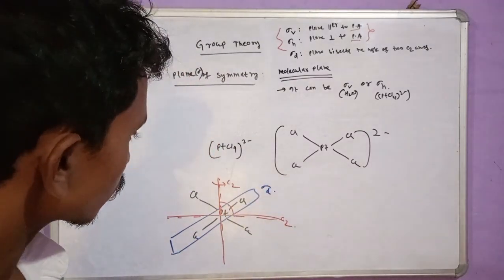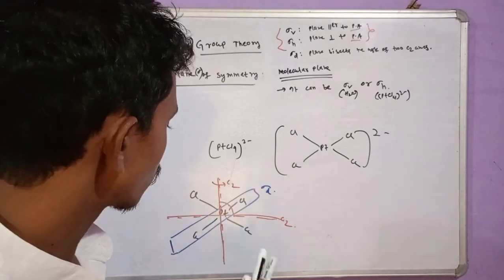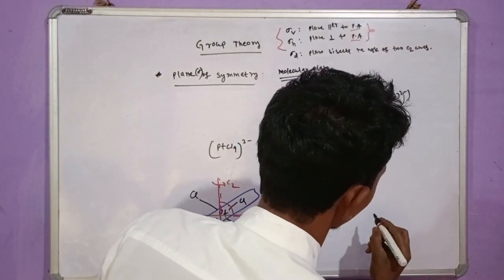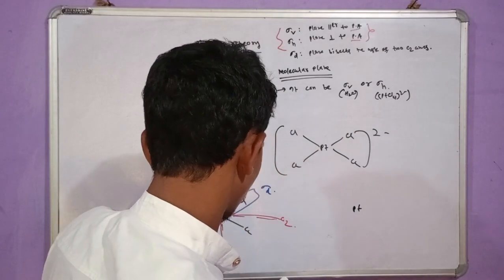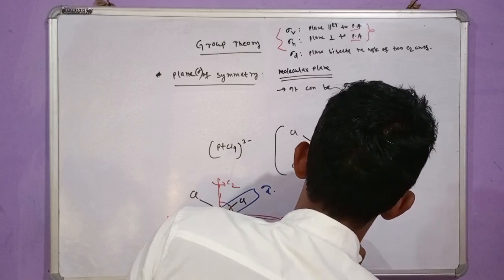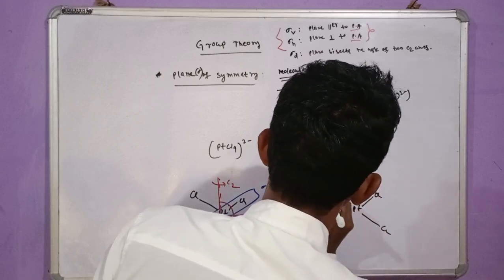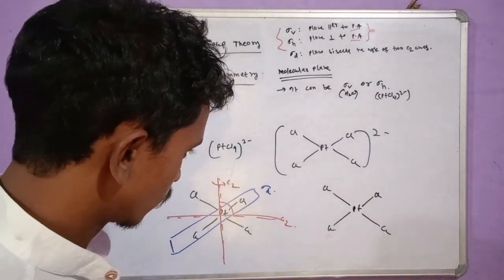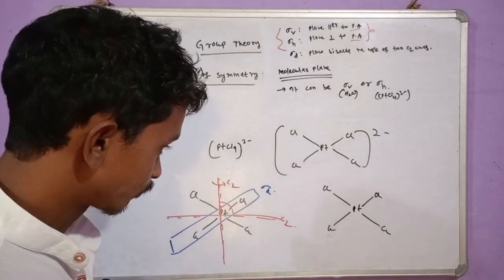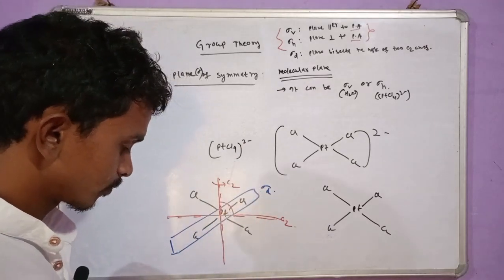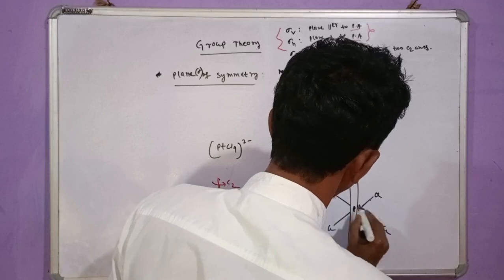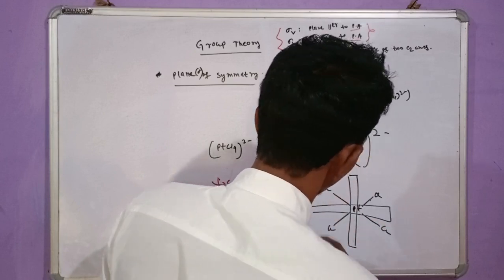In another way, we can also say, for PtCl4, that I will pass two planes. One plane is like this, and this gets reflected; another plane is like this.